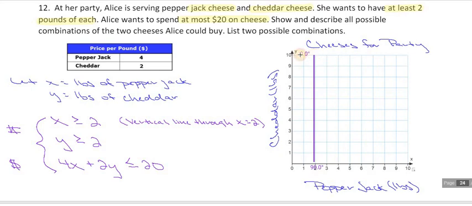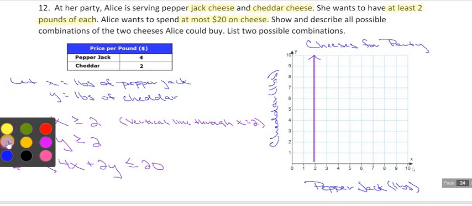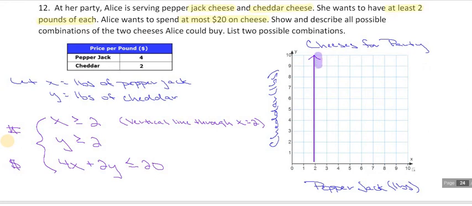It's not perfect, but good enough. And if it's X is greater than, X is getting bigger to the right. Okay, so instead of above, below, X's get bigger to the right. So let's try to shade relatively neatly.